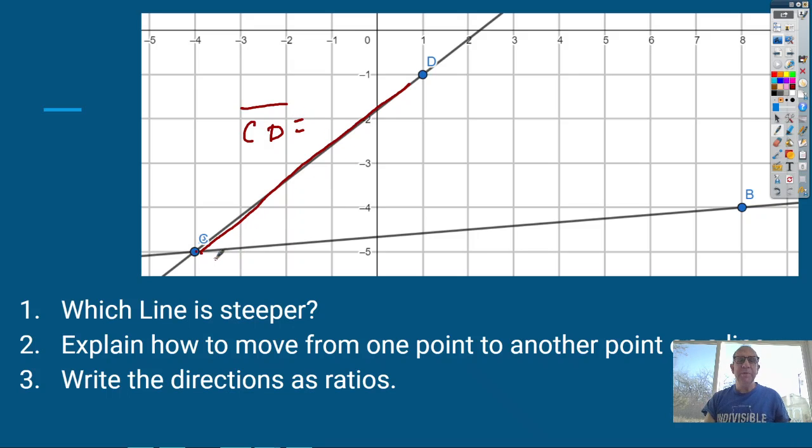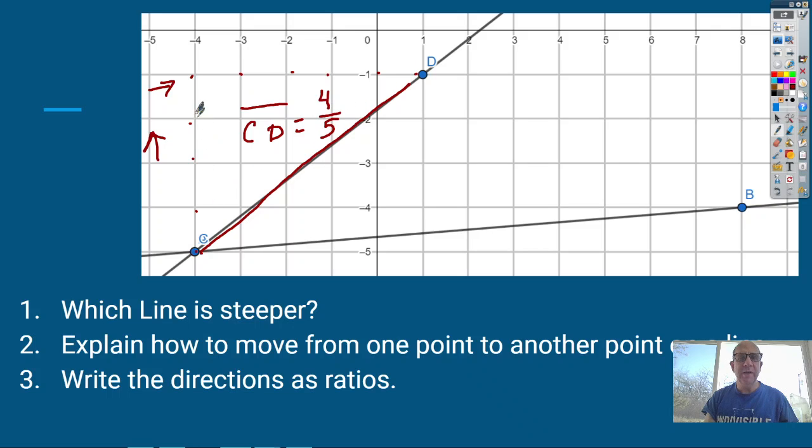Now, how steep is this line? We're just talking slope is the change in the y values, which is going up, and the change in the x values, which is going over. So how far does this go up? 1, 2, 3, 4. And how far does it go over? 1, 2, 3, 4, 5. Okay?